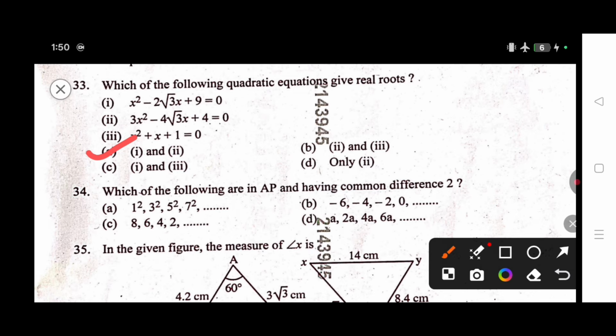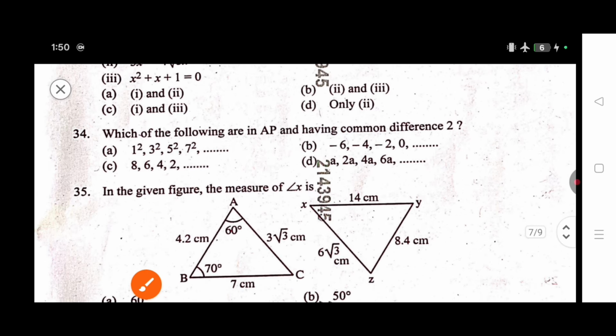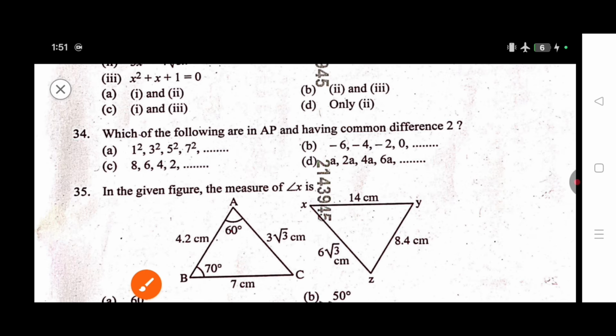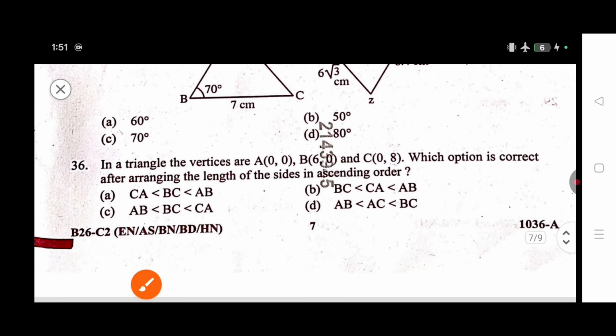And question number 34, option B is the correct answer. Okay. Question number 35, B is the correct answer, 50 degrees. Okay, next question. Question number 34, option B is the correct answer. 35, option B is also the correct answer, 50 degrees.